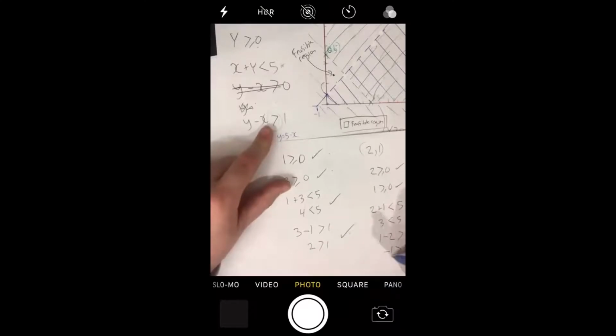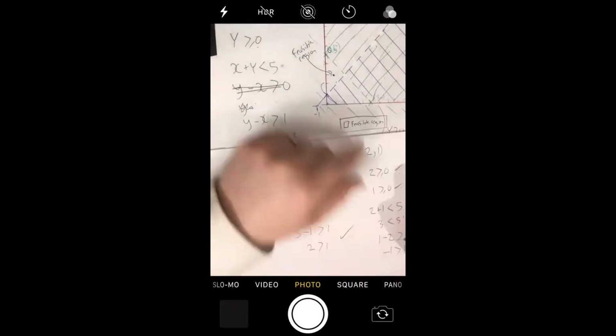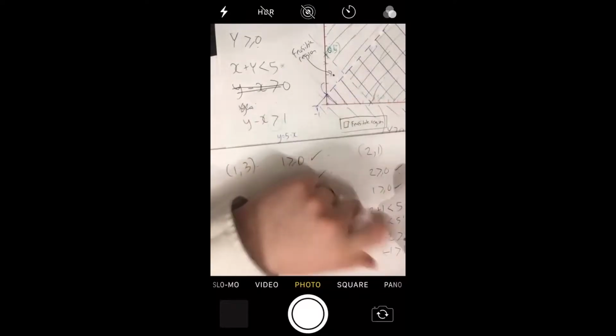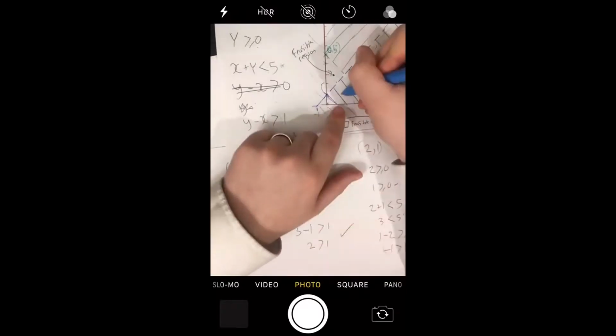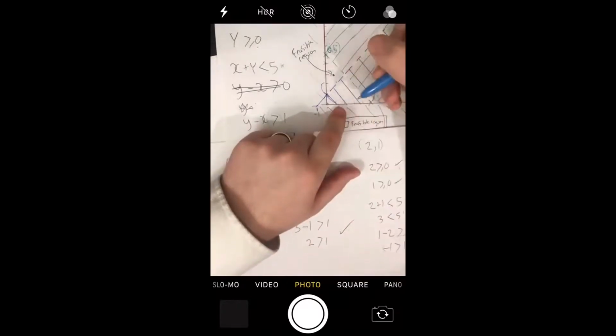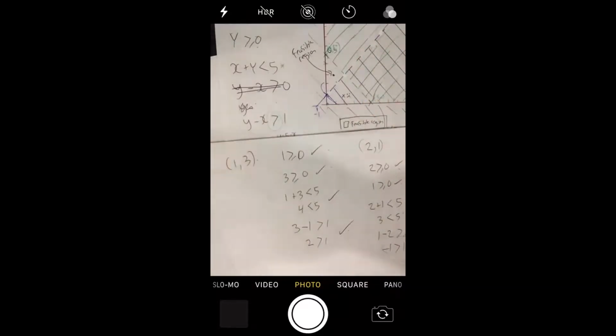Is negative 1 greater than 1? No, it's not. It fails one of the 4 tests. Because it fails one of the 4 tests, it's not in the feasible region. And I can tell because it's in one of our crossed out lands. 2, 1 is here. So we don't like that one.